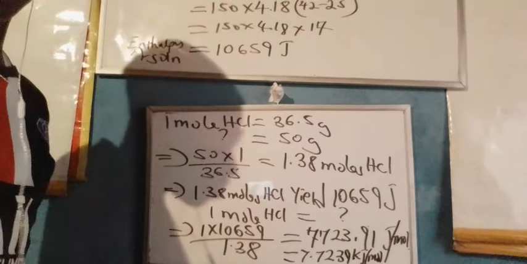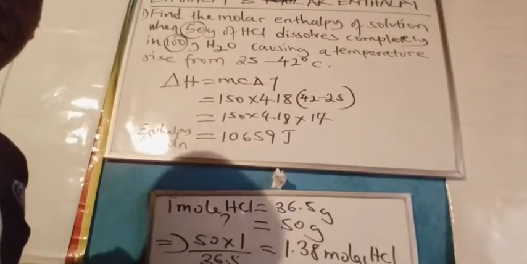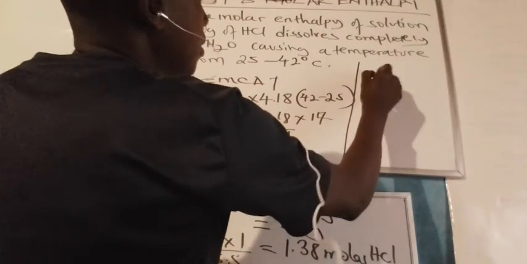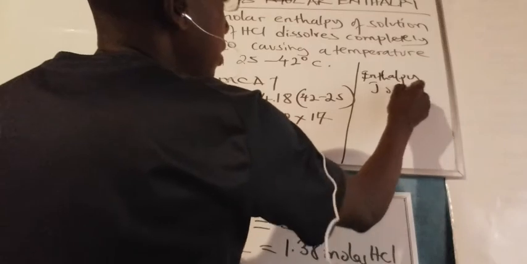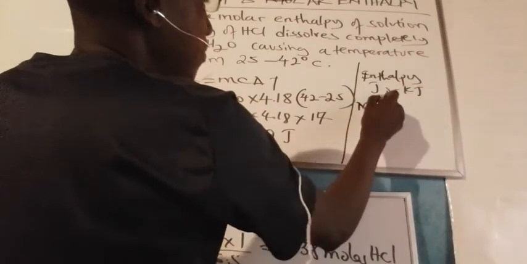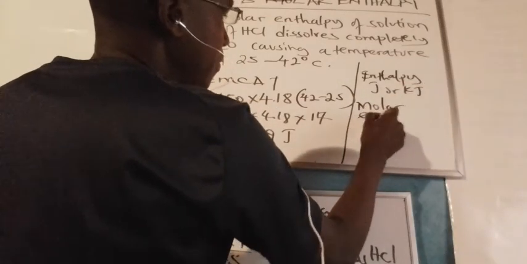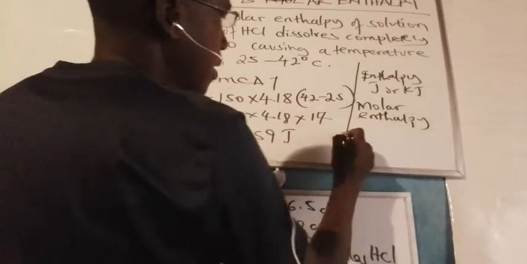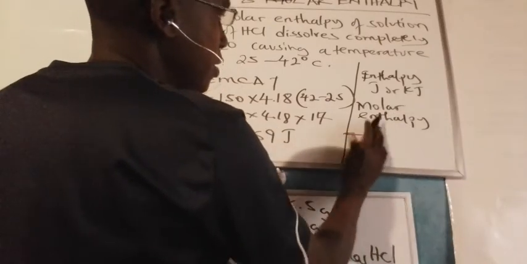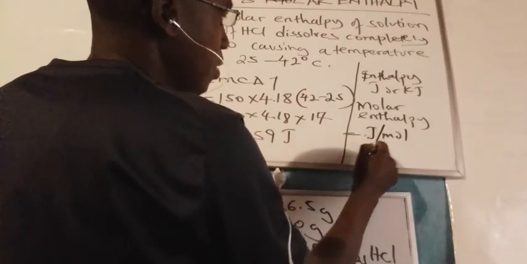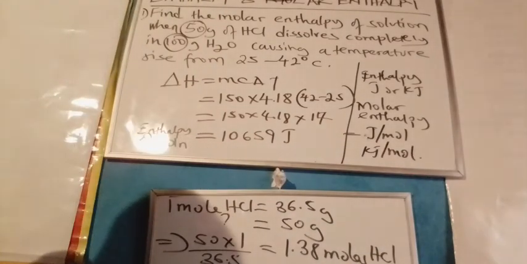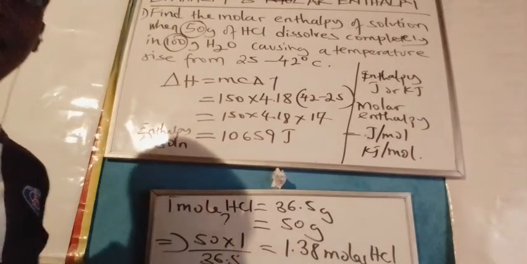So, in summary, therefore, we can conclude and say that enthalpy is found in joules or kilojoules. Molar enthalpy, on the other hand, is computed in joules per mole or in kilojoules per mole. And that is simply what we are referring to as molar enthalpy.